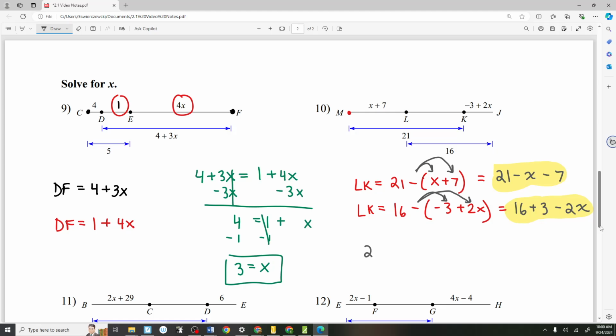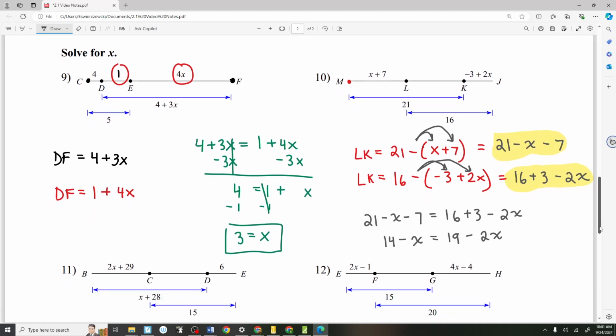So we're going to have 21 minus x minus 7 equals 16 plus 3 minus 2x. First thing I do is combine. Alright, I see 21 as a number and negative 7. So 21 minus 7 is 14. So this side will become 14 minus x. 16 plus 3 is 19, oops, minus 2x.